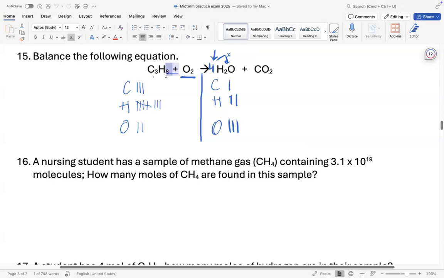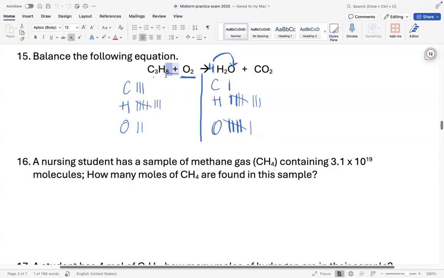So I'm going to do 4, so that I bring the hydrogens to the same value. That also changed my oxygen, so I need to do another count. Now I have 4 oxygens here and then 2 from over here, giving me a total of 6.